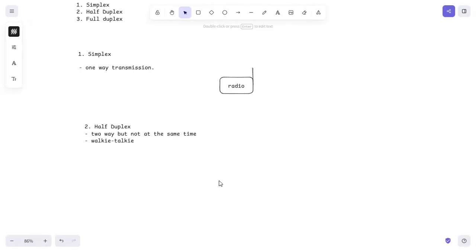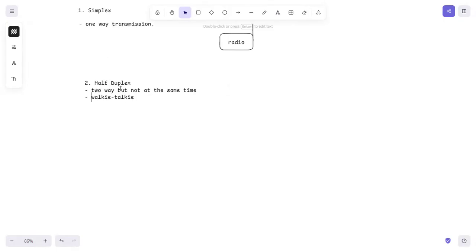Right? Simplex means one way, only you can receive the message. That's it. Half duplex means you can send and receive, but not at the same time. You can send any messages, you can receive any messages, but not at the same time.